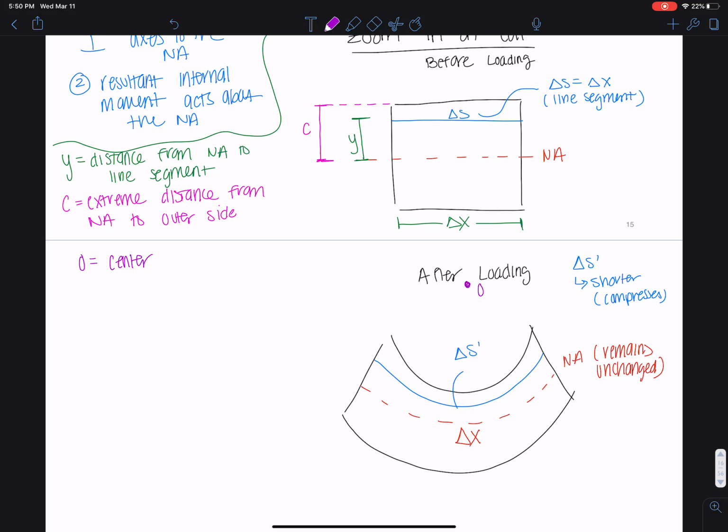It's really just the center of our circle. And if I have a center, that means I have a radius. So I'm going to define the radius from the neutral axis to O as rho. This Greek letter rho is just the radius, which we call the radius of curvature.